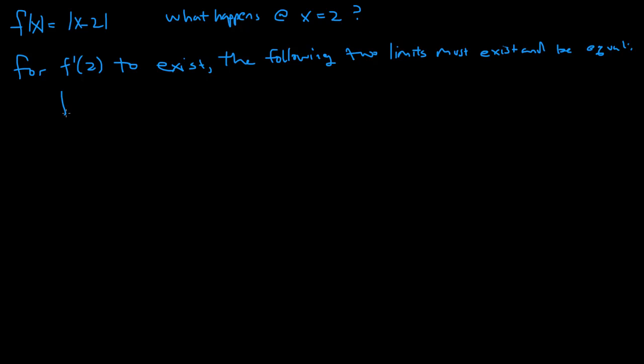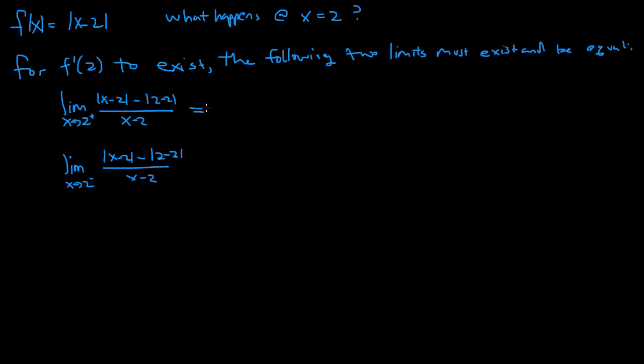We need to look at the limit as x approaches 2 from the right of f of x minus f of c, so the absolute value of x minus 2 minus the absolute value of 2 minus 2, over x minus 2, and the limit as x approaches 2 from the left of f of x minus f of c, so the absolute value of x minus 2 minus the absolute value of 2 minus 2, over x minus 2.